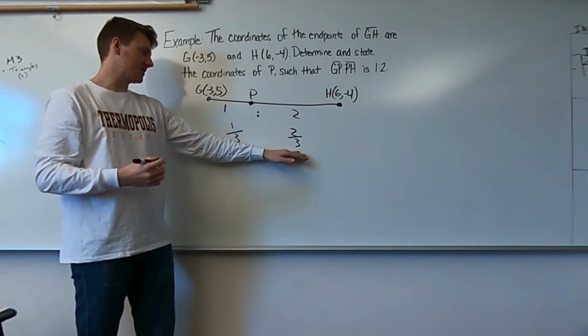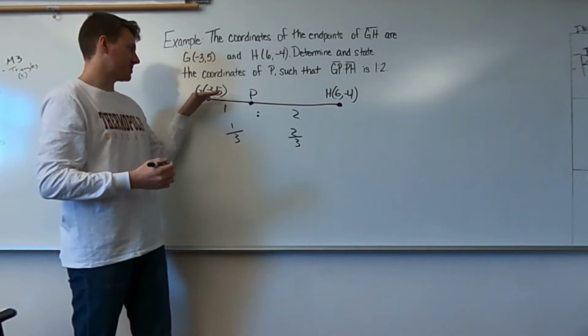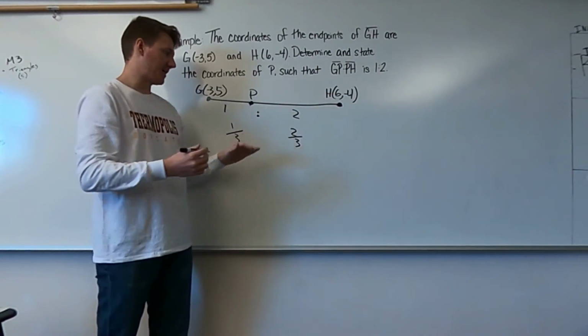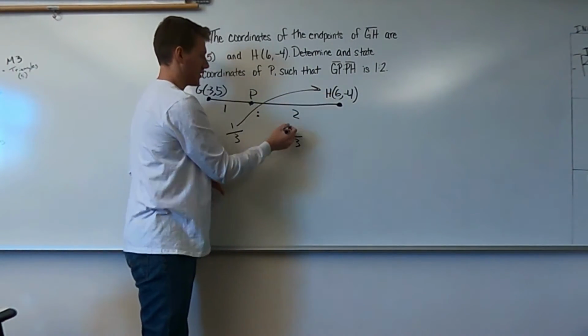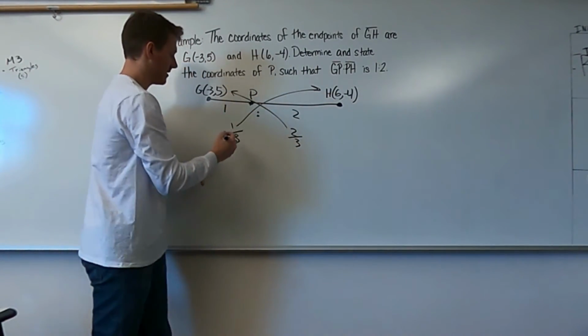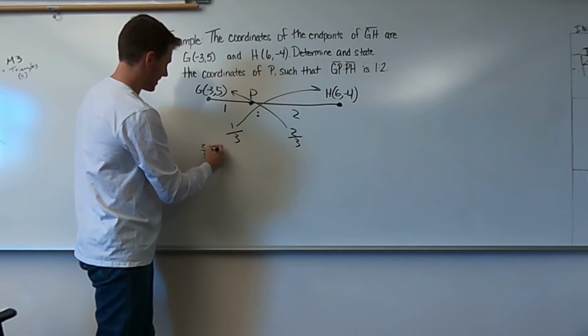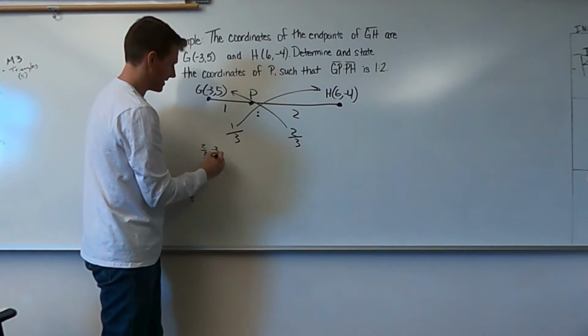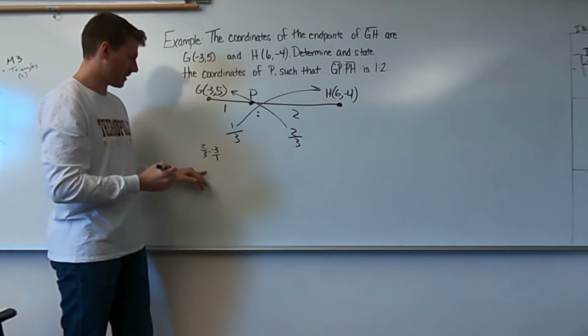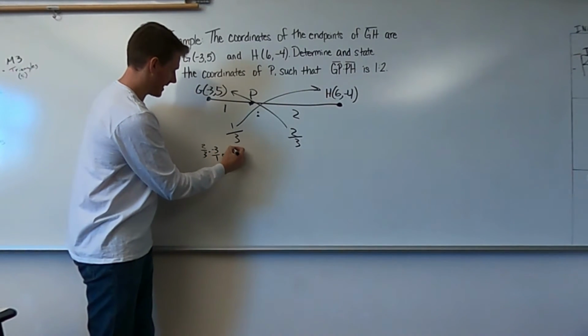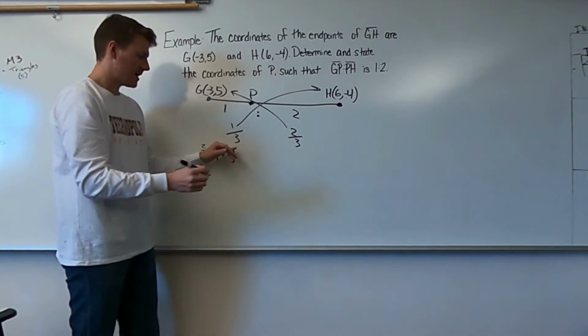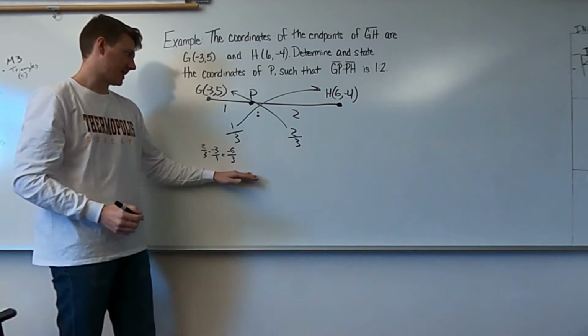Next, we want to multiply this fraction by these coordinates and this fraction by these coordinates, so kind of multiplying across almost. So we have 2/3 times -3, and we can think of this as a fraction, -3/1, which will give us -6/3, and we don't want to simplify our fraction yet.